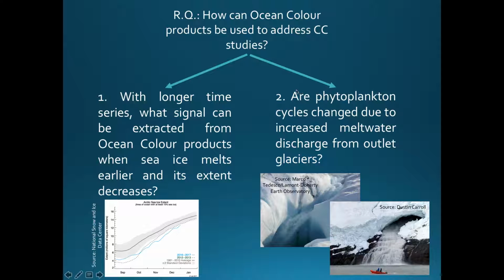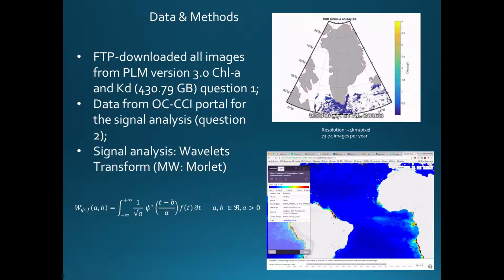And the second part of the question is, do phytoplankton cycles change in the coastal areas near these outlet glaciers because there is more meltwater coming from the glaciers and delivered to the sea, and this water has some inorganic nutrients that are used for phytoplankton growth.